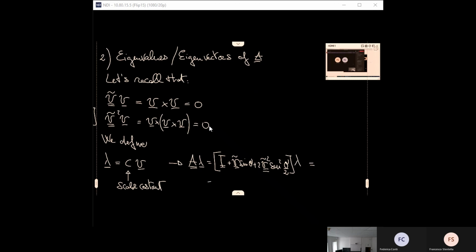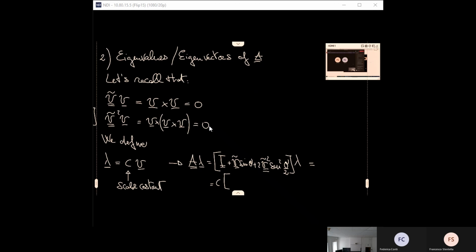And this can be written as what? As the scalar C, which we can group in front, times what? Well, the identity matrix over V is V itself, right?